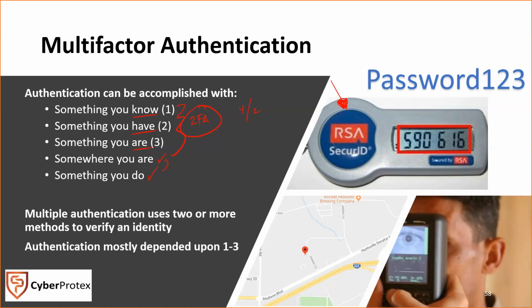So how does this work? The Secure ID. Well, let's say that you are at a remote location, and this is your company. The company is going to have usually what's called a RAS server, a remote access server.